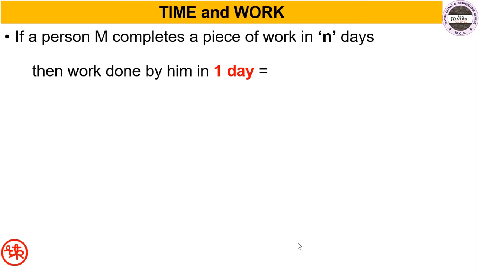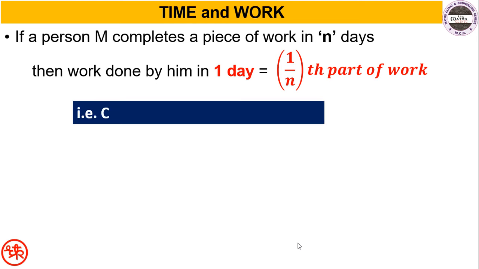A person is doing a piece of work in n days. Okay. And so the work done by him in 1 day is what? 1 by nth part of the work. Is that clear?